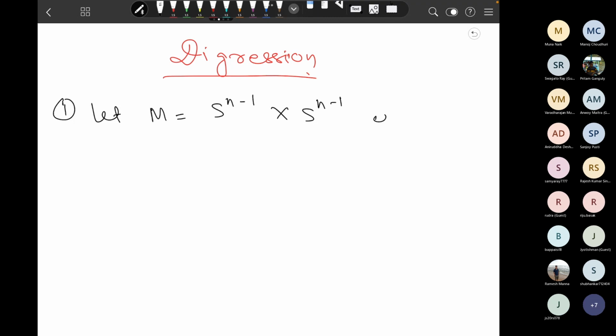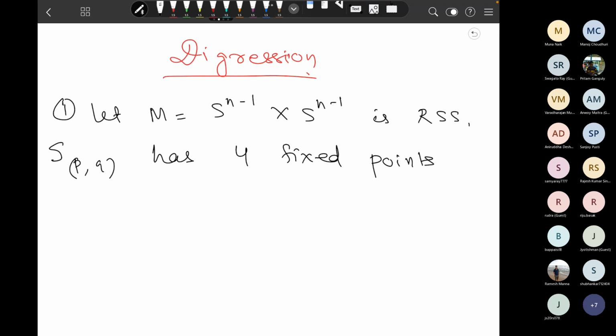This is a Riemannian symmetric space. If you take P, Q belonging to M, you look at the geodesic symmetry S_(P,Q); it has 4 fixed points. What are they? This is (P,Q) and (-P,Q), and this is (P,-Q) and (-P,-Q).